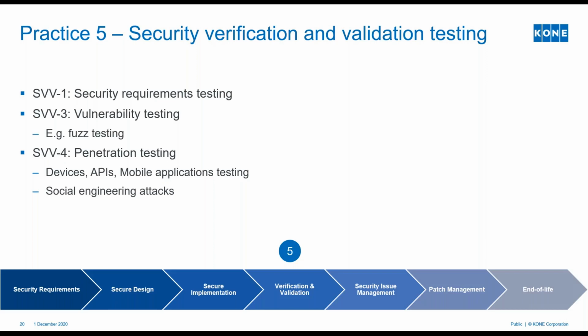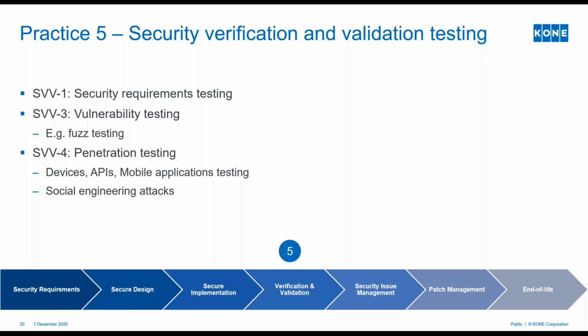You feed a malformed input to the system and try to cause it to crash or reveal information. As you may remember, one of the worst impact vulnerabilities ever, Heartbleed in 2014 in the OpenSSL library, was found through fuzzing.